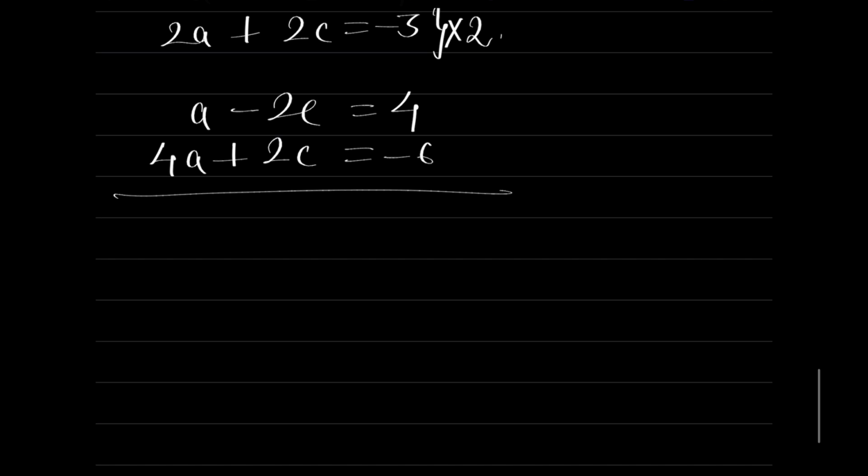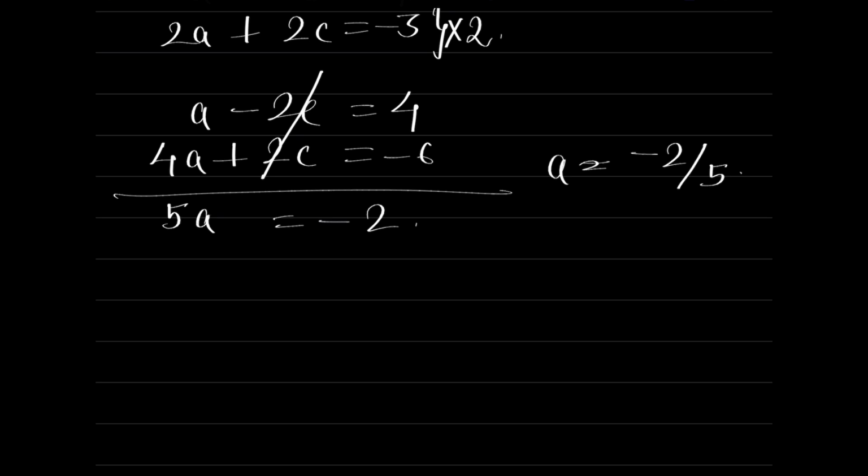Now we will add. It will become 5A, the C cancels out, equals -2. Now A will become -2/5.